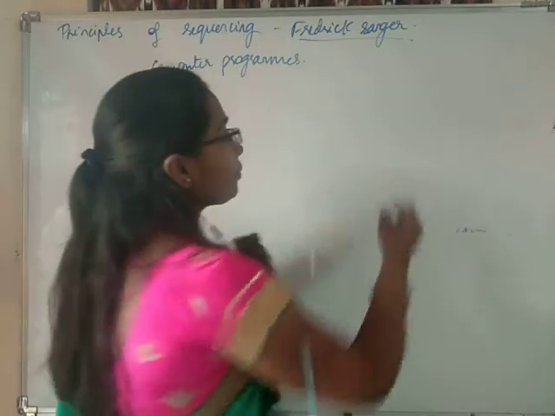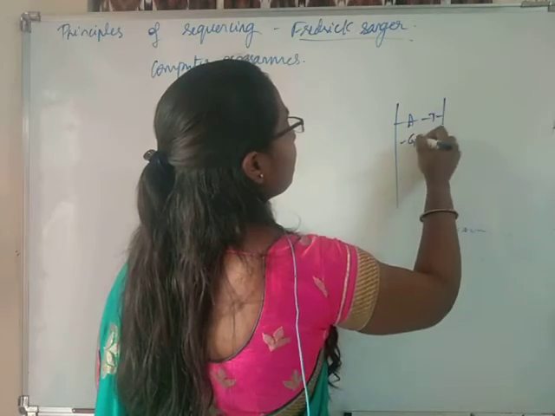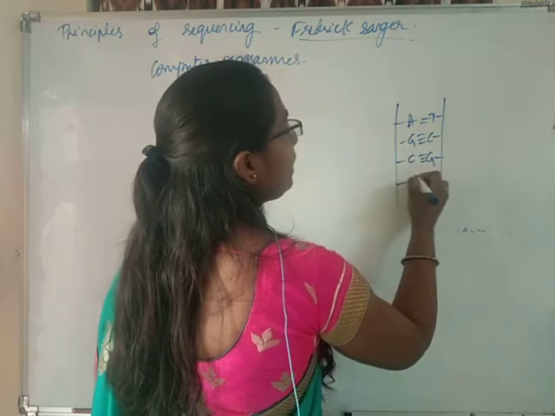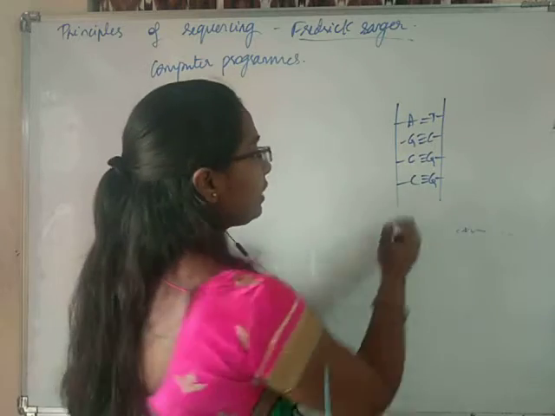Okay. So if this is the piece of DNA, it is not cut straight like this. They are randomly cut.